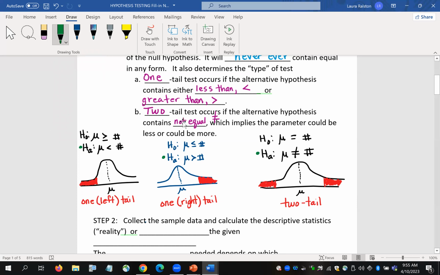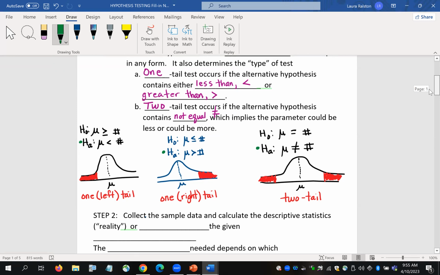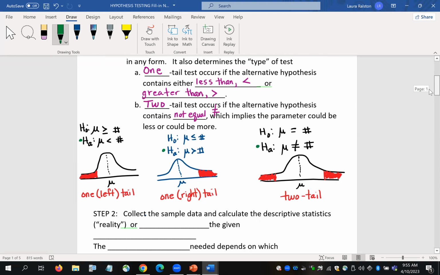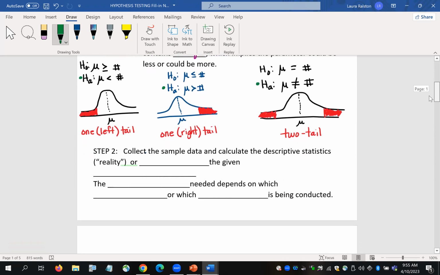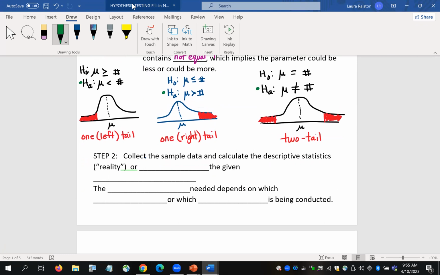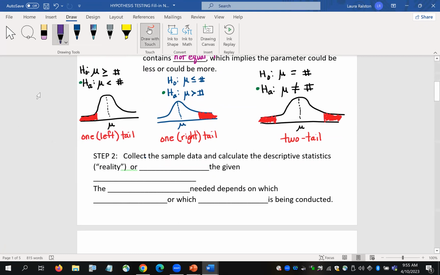I think it'll make more sense as we get into examples, but we've got to get through the steps first. So after you have posed your question and proposed your answer so that you're able to state both the null and the alternative hypothesis, in the second step of the process, if you were doing this in reality, you would go out at that point and collect your sample.